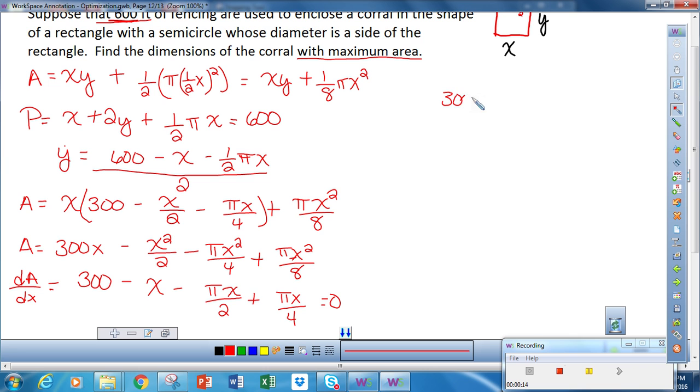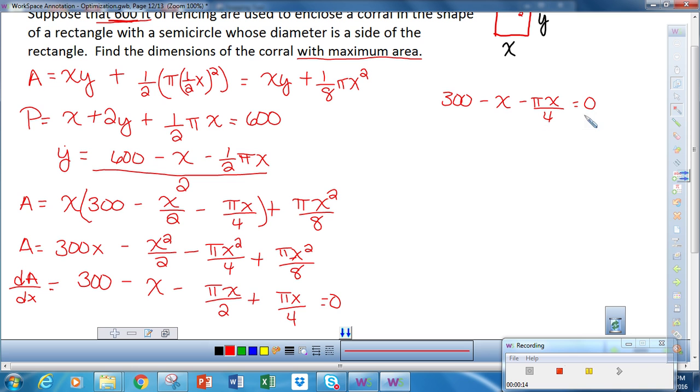So I get 300 minus x. And if I can combine these two together, I get negative pi over 4, pi x over 4, and all of that's equal to 0.